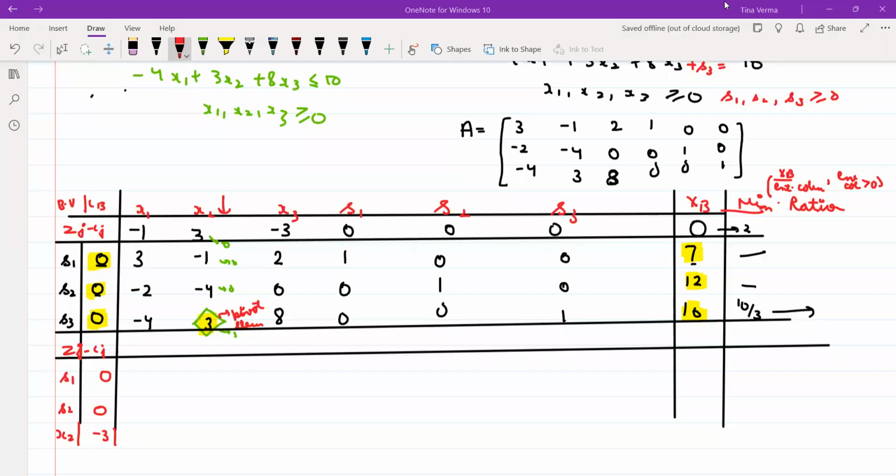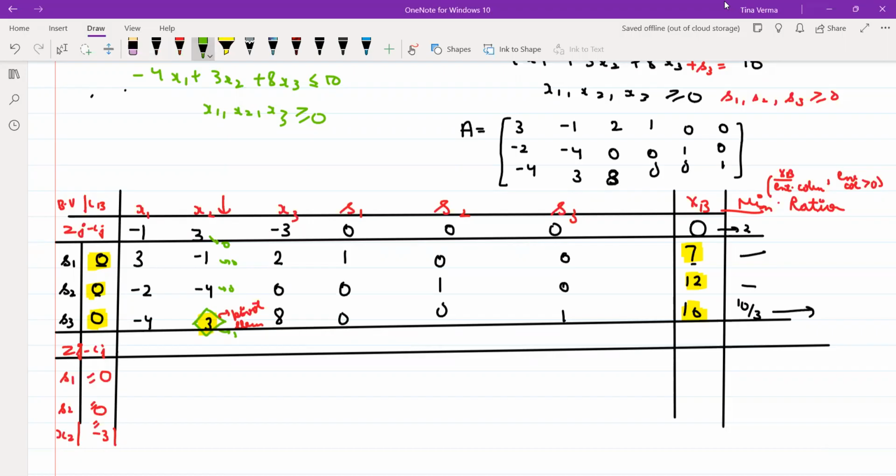So how are you getting this? The coefficients of S1 and S2 in the objective function are 0, and the coefficient of X2 in the objective function is minus 3. Now what do you have to perform? You have to make this pivot element as 1. How will you make it 1? You will divide it by 3.